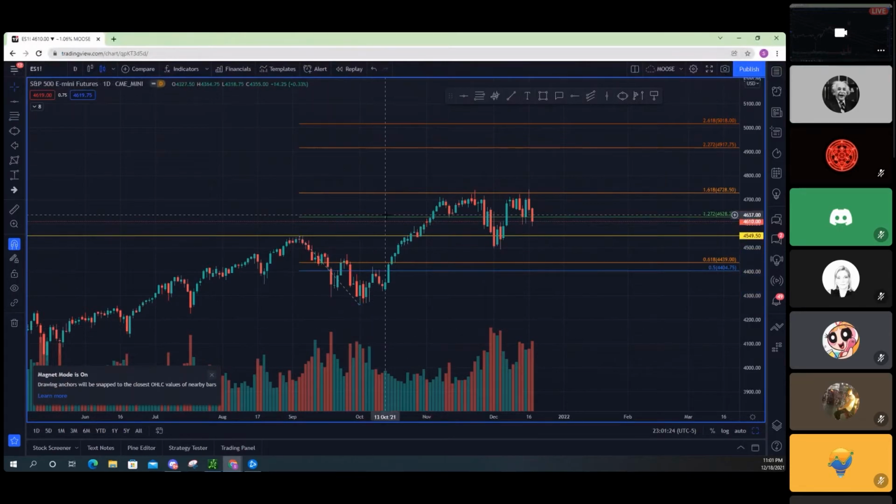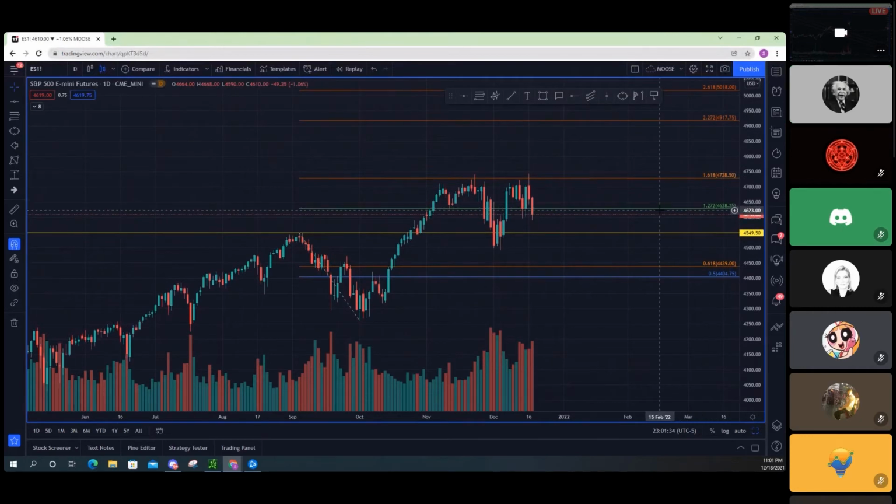Okay, so simply here, for shits and giggles, I used ES. I drew from high to low, and I'm able to figure out where the resistance is on ES. So for me, this is a fairly good target to keep on my chart.